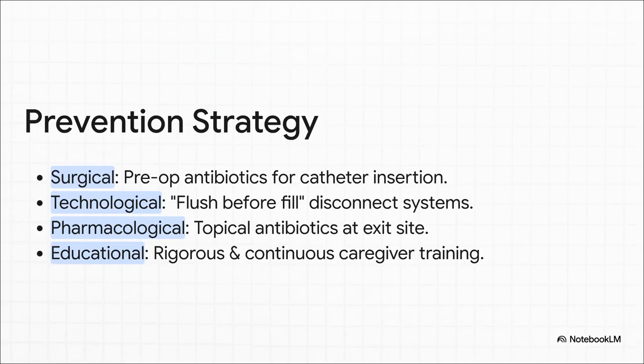It's the result of what one source beautifully calls the aggregation of marginal gains. It's a comprehensive, systems-based approach. It includes everything from pre-op antibiotics and advanced flush-before-fill tubing to daily topical creams at the exit site, procedural prophylaxis, and maybe most importantly, rigorous and continuous patient and caregiver education.